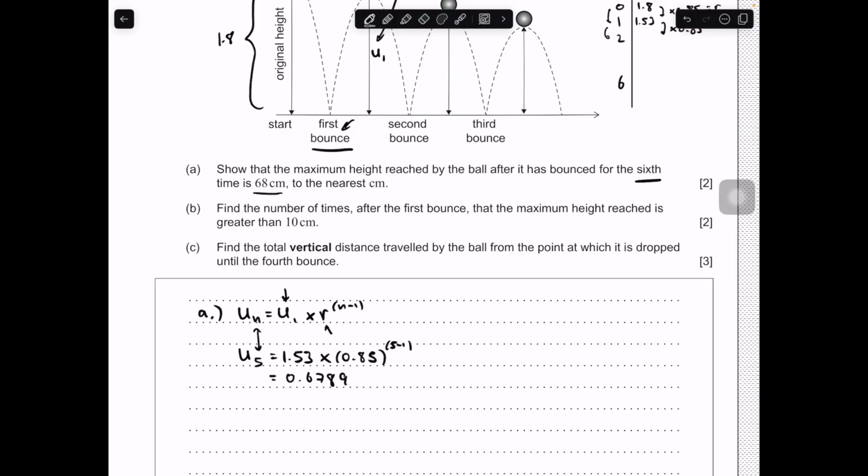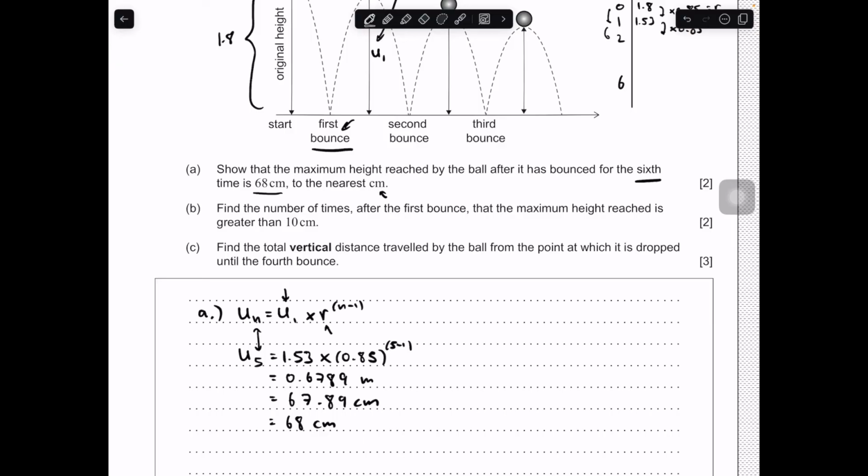Rounding to the nearest centimeter, remember, this is in meters. So multiplying by 100, we have 67.89 centimeters, or 68 centimeters.